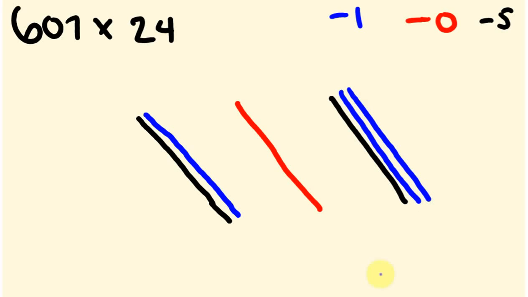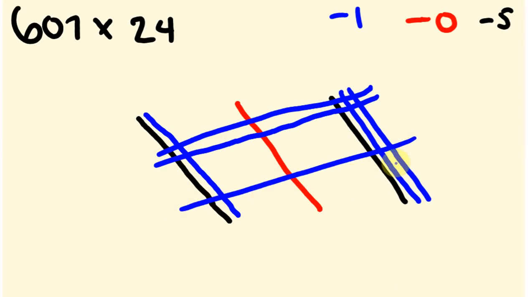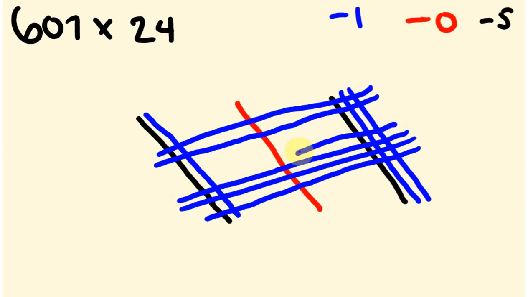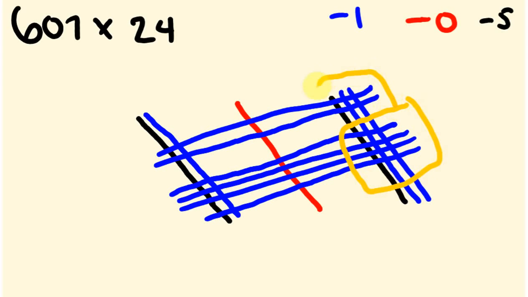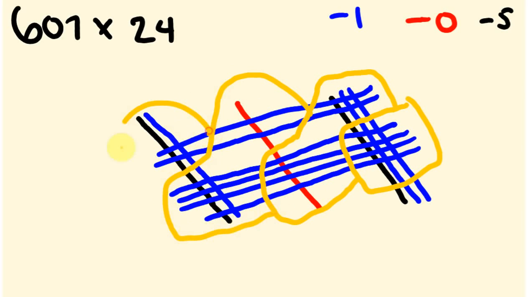So we have 24, which is 1, 2, and 4. 1, 2, 3, 4. Okay, and you see I'm being fairly loose here. As long as you can keep what you're doing in your head and what you're doing fairly straight, you're pretty good. That's the units. It's going to be the tens. This one here is going to be our hundreds, and that one there is going to be our thousands.